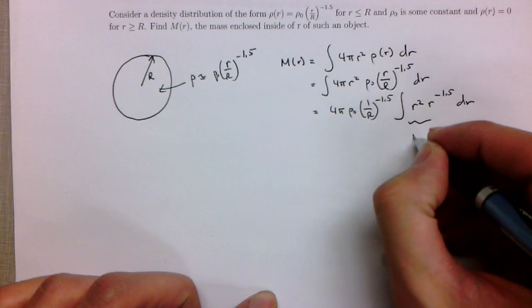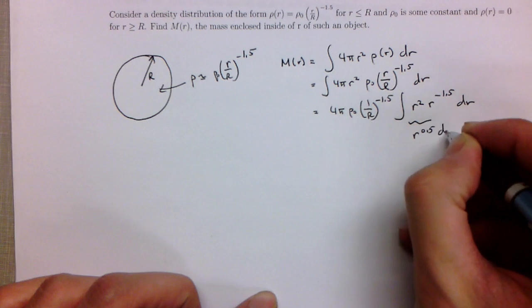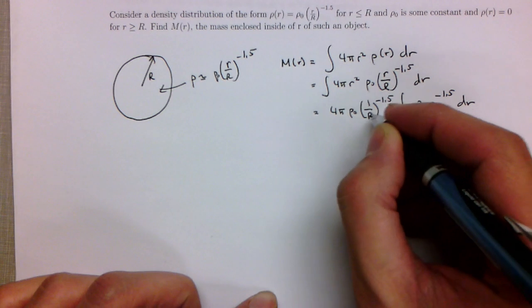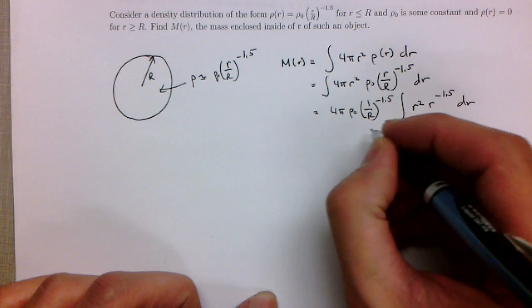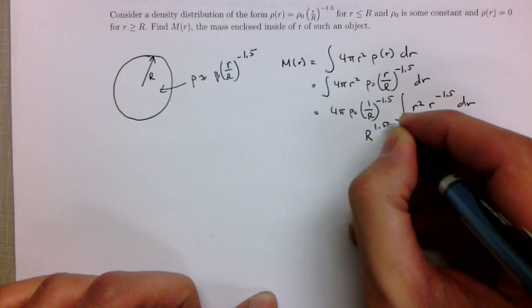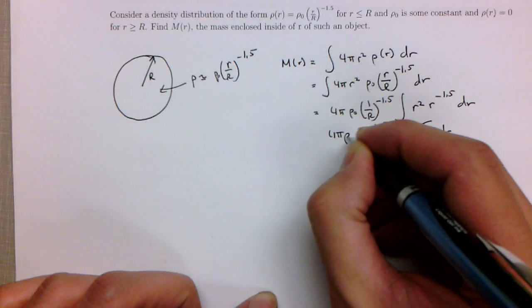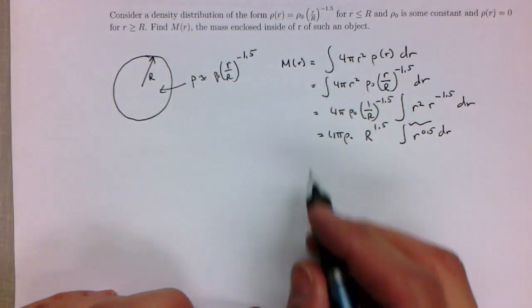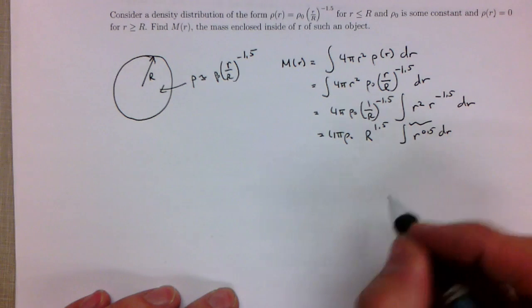Well, this is just r to the 0.5 dr, and this 1 over R to the minus 1.5 is just going to be R to the 1.5, times 4 pi rho 0. Now this is actually something pretty simple.